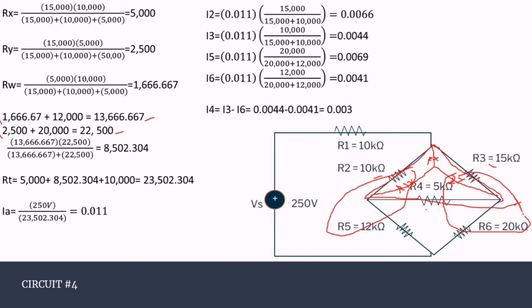So, since they are parallel to each other, we're going to solve for this.